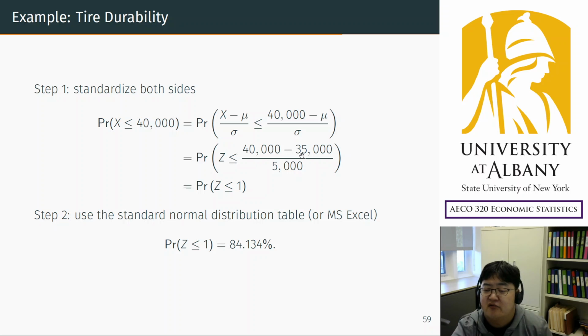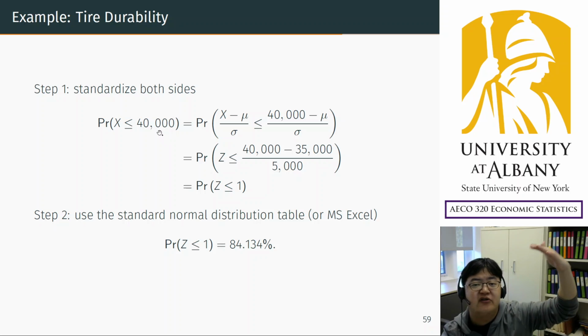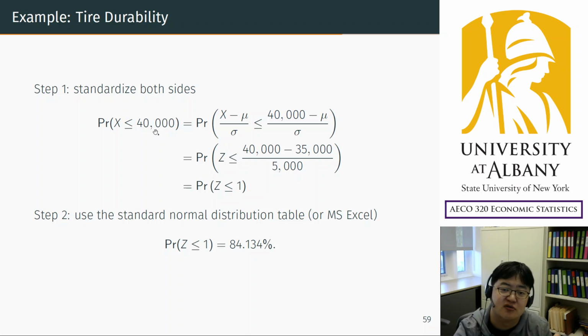40,000 miles minus 35,000 miles divided by 5,000. That is 1. In the end, what you have to calculate is the probability that Z is smaller than 1. This is the same probability as a tire not enduring 40,000 miles, right? In other words, you may interpret it this way. 40,000 miles is the mileage that's above the mean by 1 standard deviation, right?